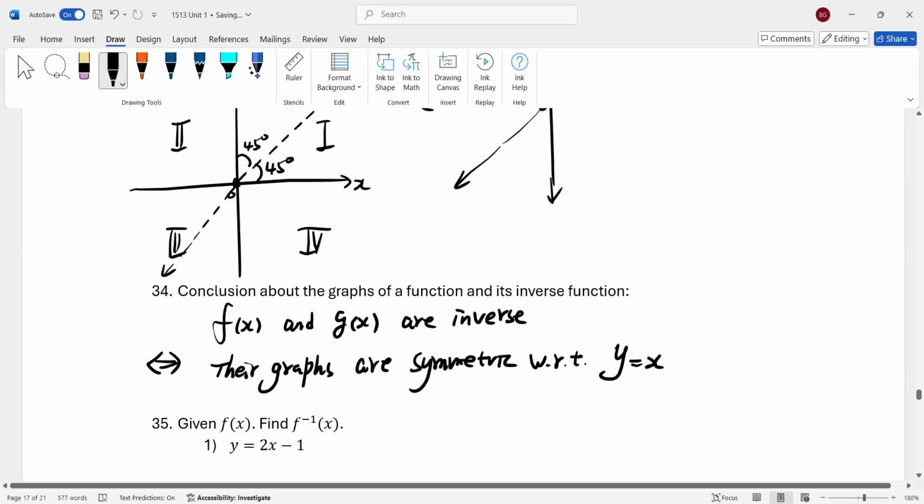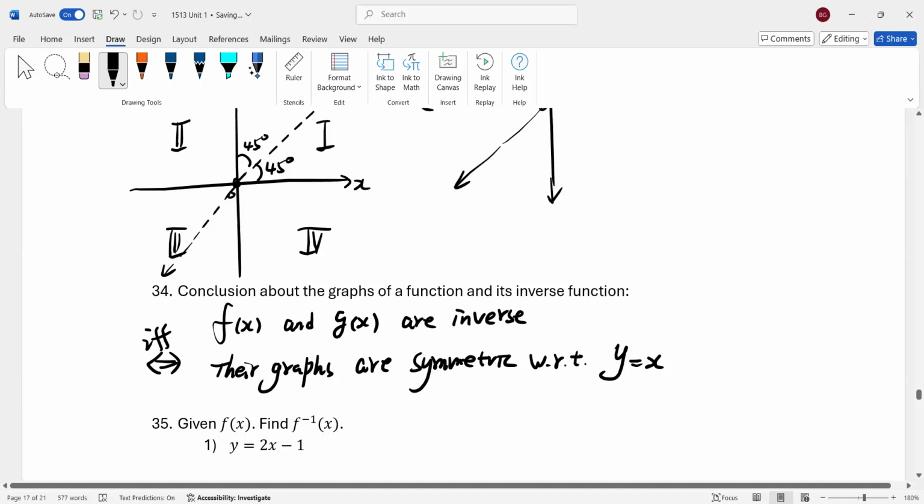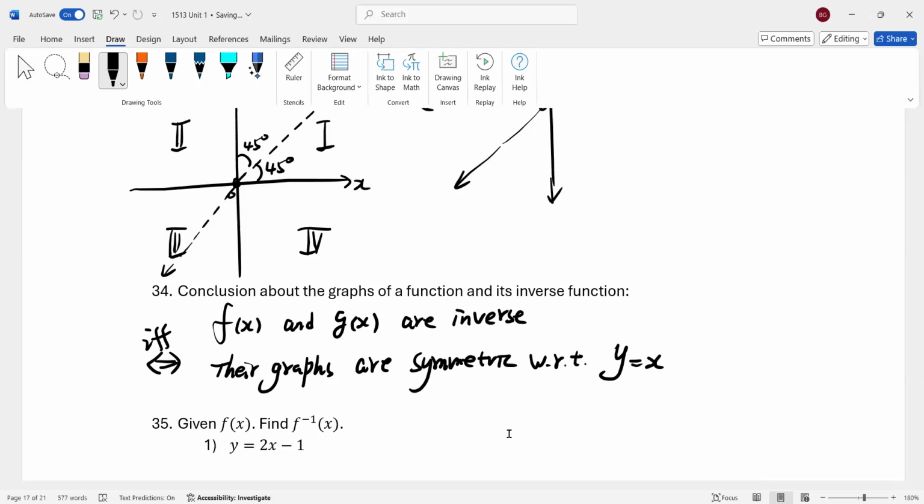Here, if and only if means both directions are true. If f and g are inverse of each other, then their graphs are definitely symmetric with respect to y equals x. Vice versa, if you have two graphs representing two functions, and they are symmetric with respect to the bisector of quadrant 1 and quadrant 3, then the two functions are inverse of each other.